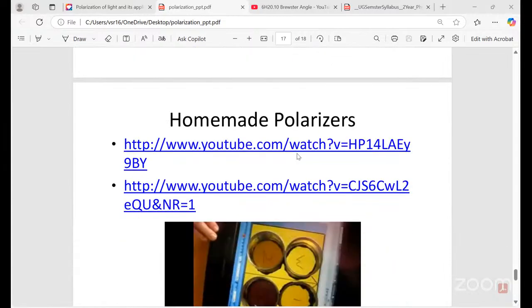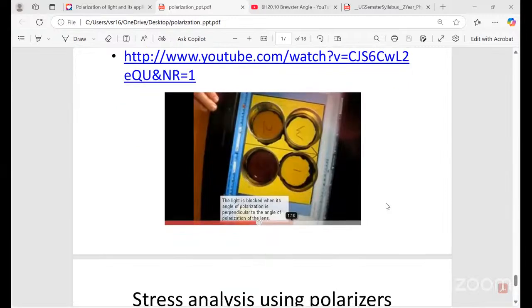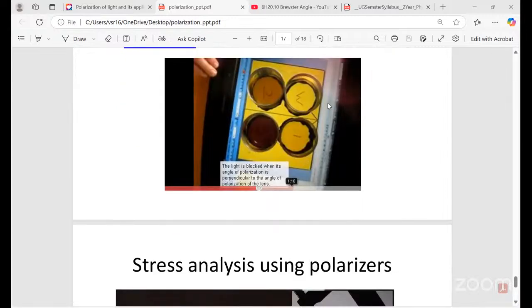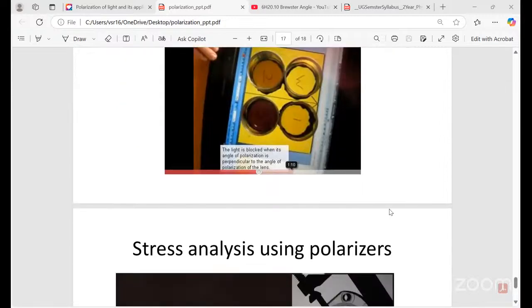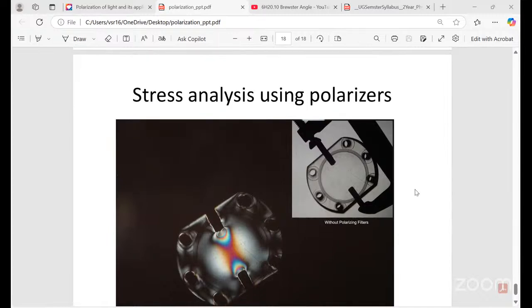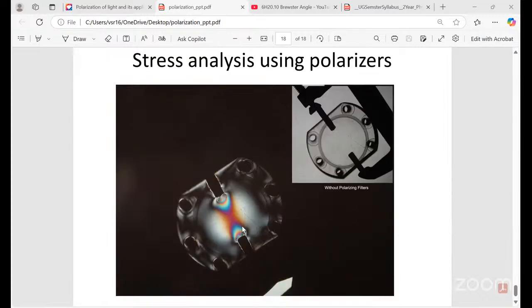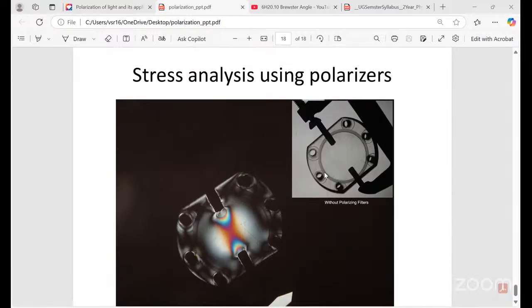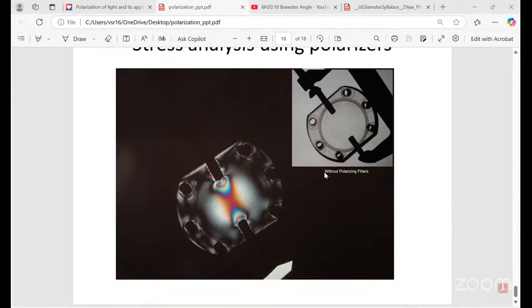And for other homemade polarizers, you can go to YouTube. You may observe homemade polarizers and stress analysis using polarizers. So these are the best examples.